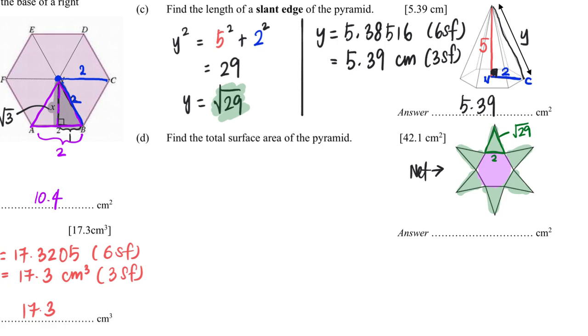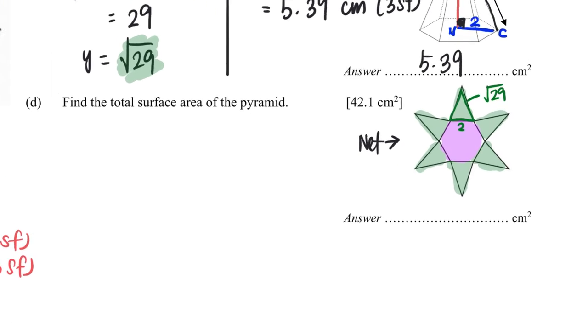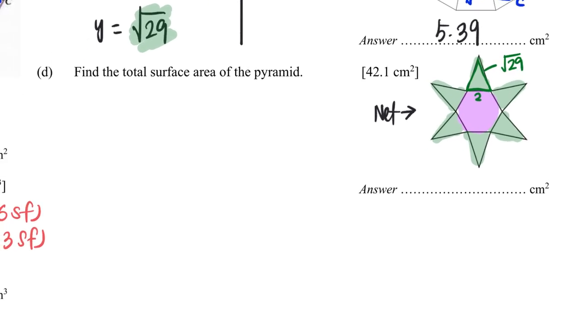Just a rough sketch. If I break the 2 into halves, I will have here 1 and here square root 29. Will I then be able to find the height of this triangle?